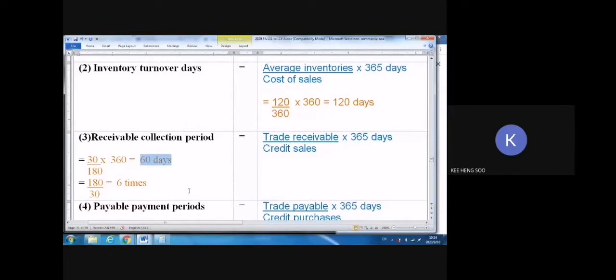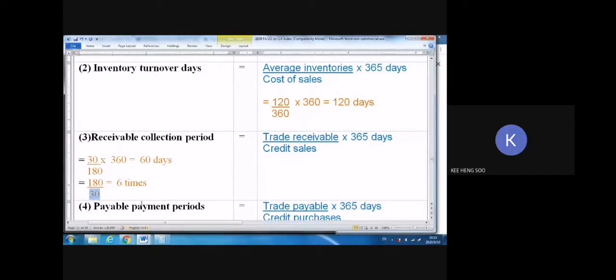So every time I collect 30,000, for example, end of February or 1st of March I go and collect 30,000. Then March, April, May, June, July, August, September, October, November, December. The December will be collected next January 2nd or 3rd. So that is how you calculate your receivable collection period.